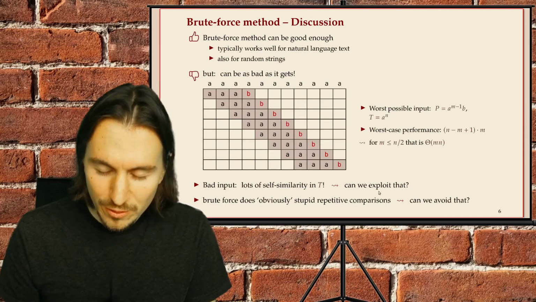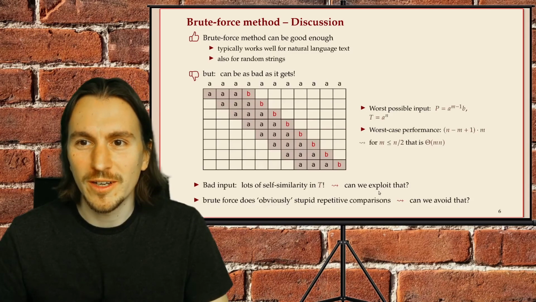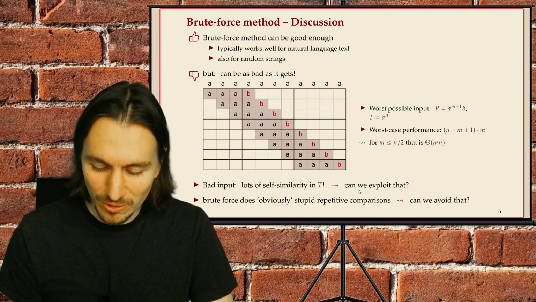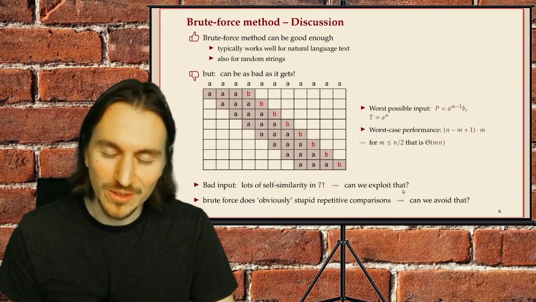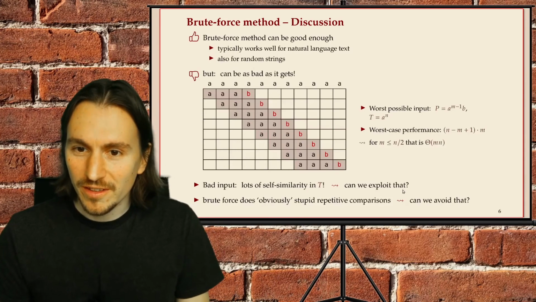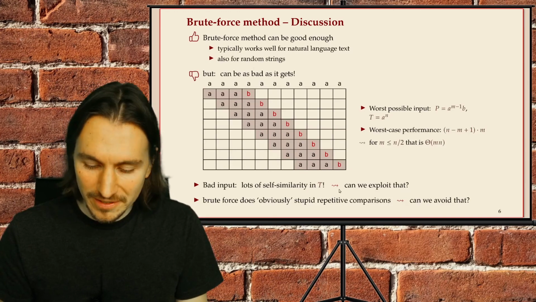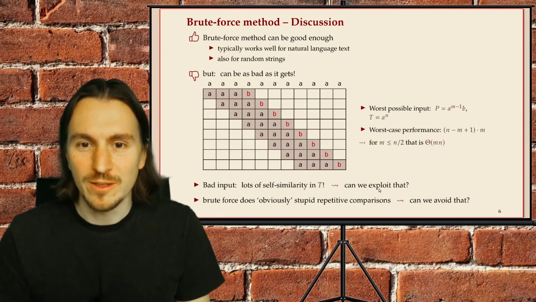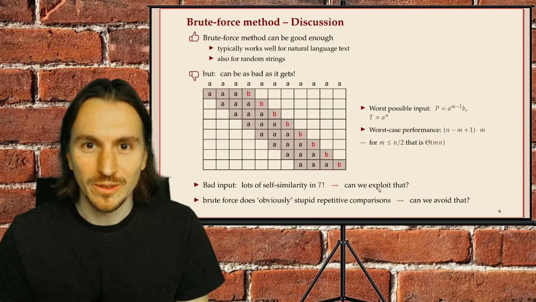This kind of redundancy, or superfluous comparisons, should be possible to avoid, and that's something we'll look into. We should be able to exploit these redundancies both in the text and in the pattern. And that's what we'll look at next.